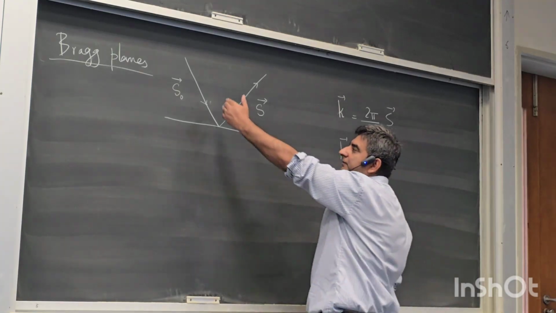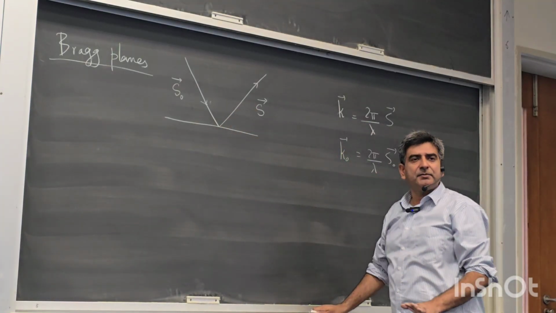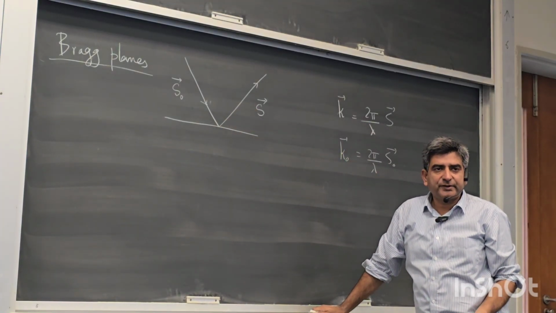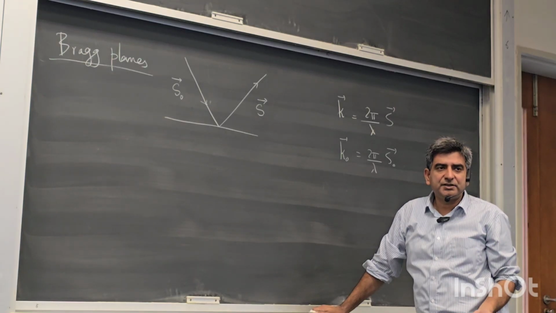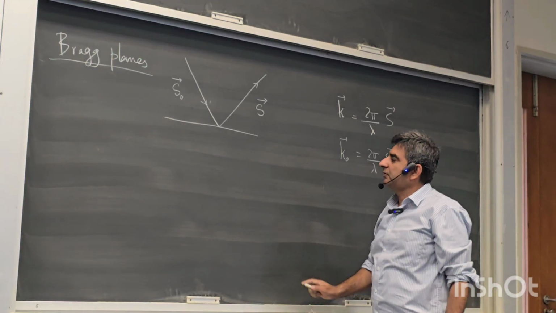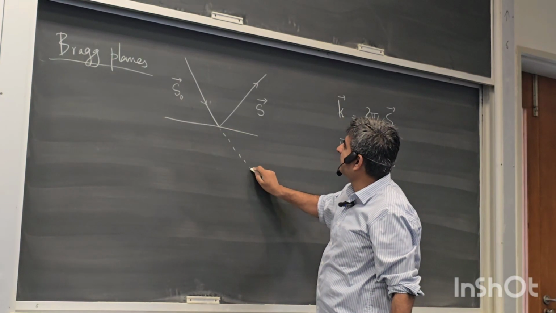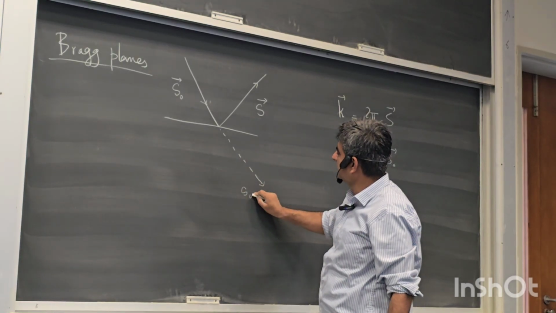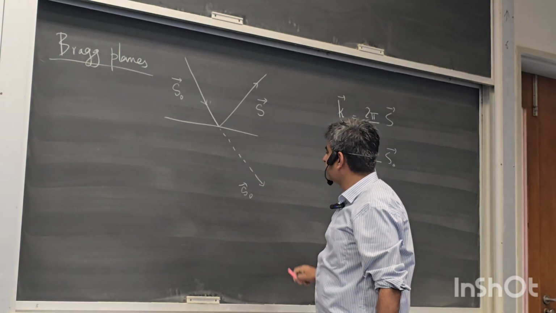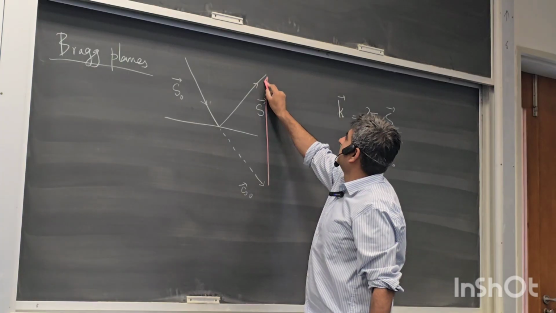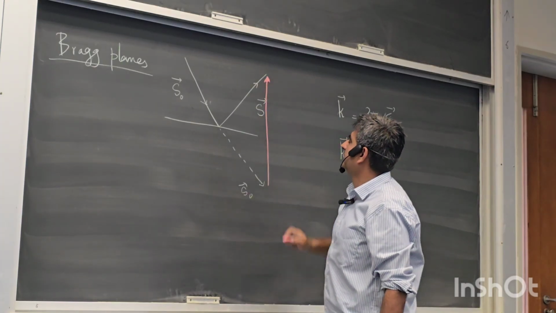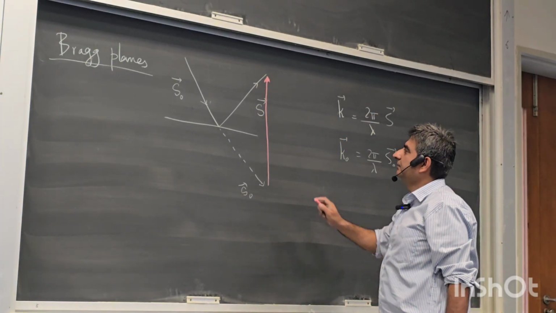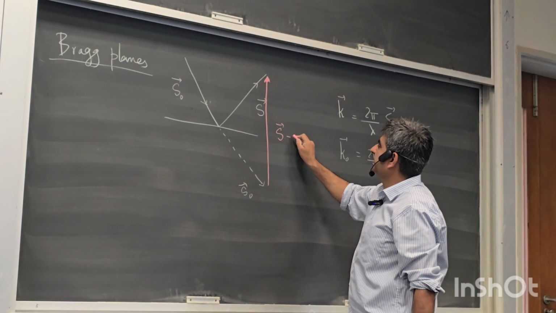So the wavelength of the incident and the reflected X-ray is the same. It's like an elastic process, no change in energy. So if I extend this vector here, this is my S naught, then this vector here is S minus S naught, correct?